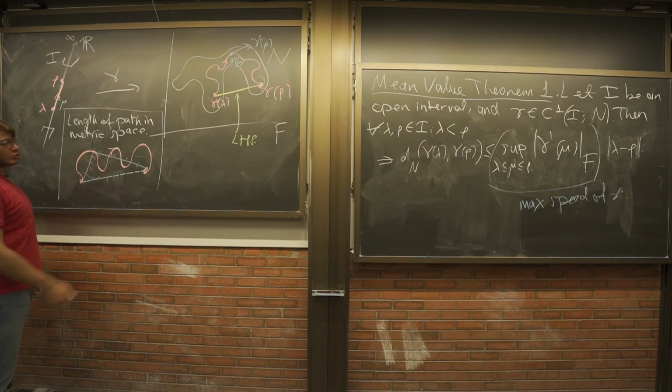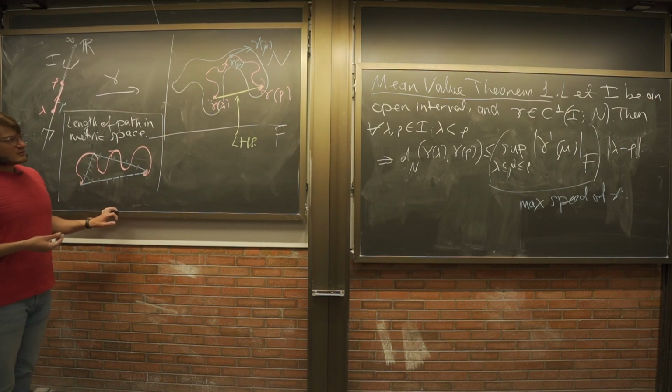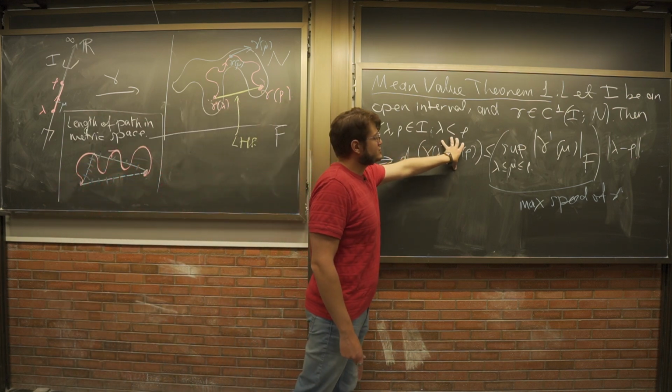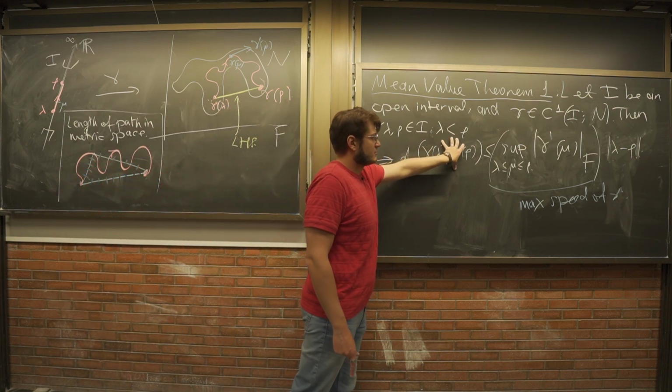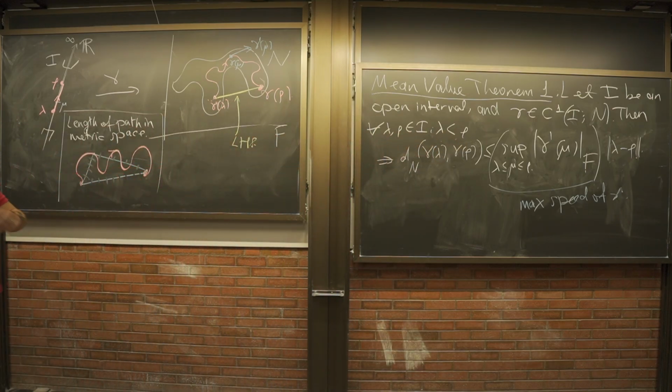And then you would take more and more points. Does this make sense? You worked on this in a previous problem set. But I guess what I'm trying to say is that somehow this left-hand side is a very crude approximation for the length of gamma.